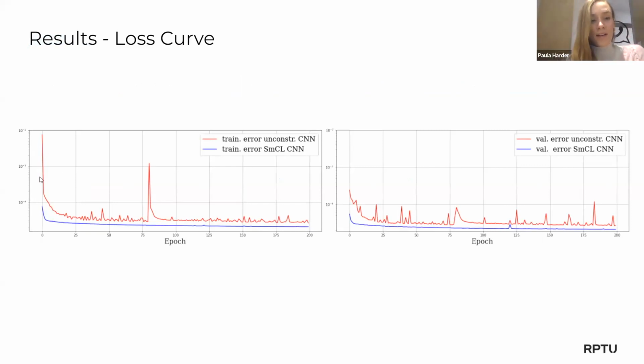What we can see is that the loss curve for the standard CNN is pretty spiky, and the loss is way smoother if we apply our constraint, and it also converges to a lower local minimum. That was interesting to see too, and same for the validation loss.